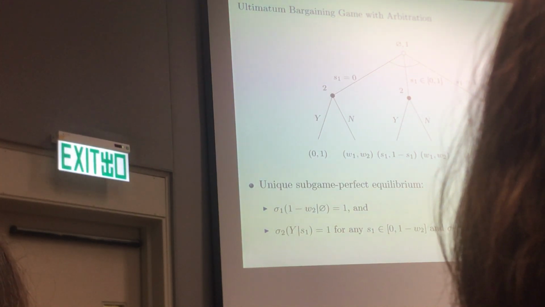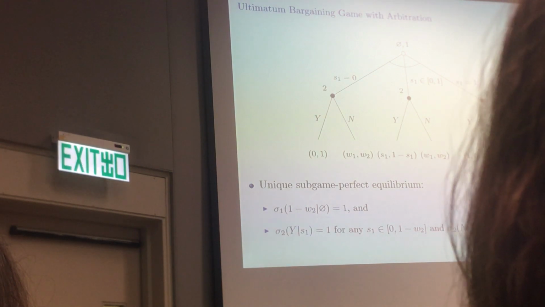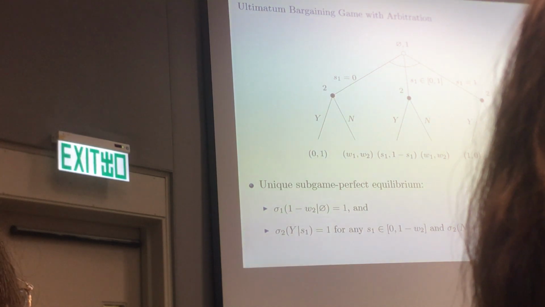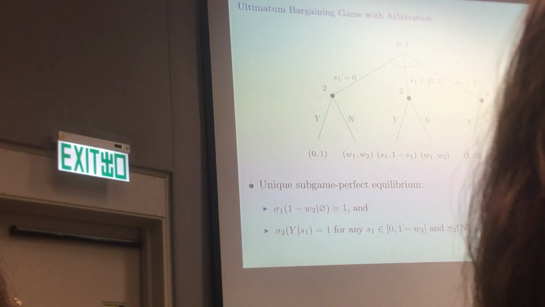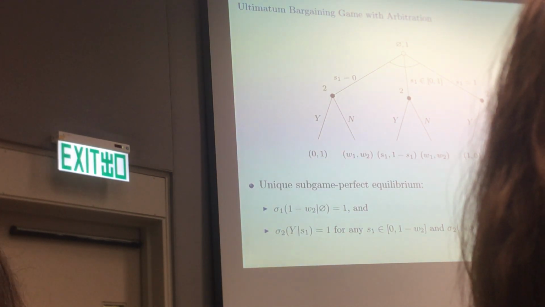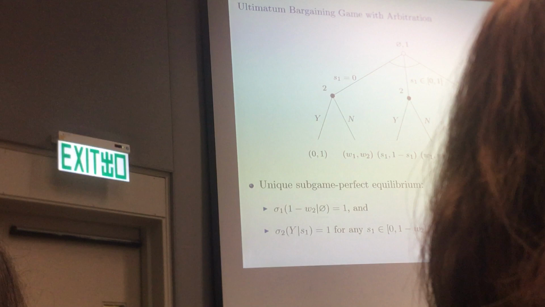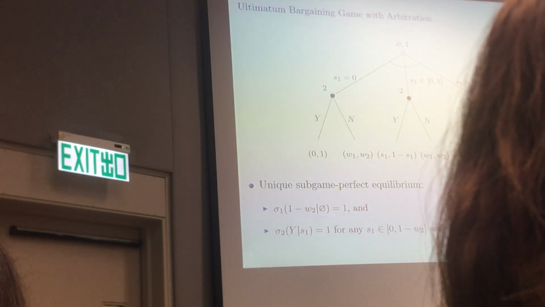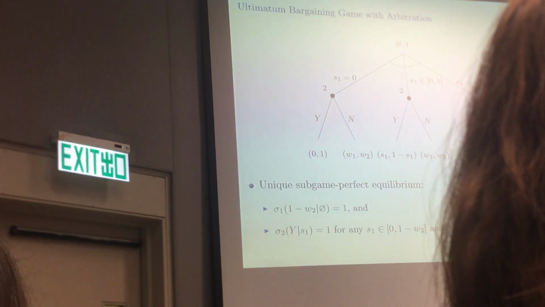Obviously this part is never a best response, and any S1 over this range is also not a best response, because you can improve your payoff by increasing S1 a little bit, and you can continue to do the same thing all the time. So player 1 has no best response. To make sure that player 1 has a best response, which has to be the case in equilibrium, player 2 has to say yes when S1 is exactly equal to 1 minus W2.